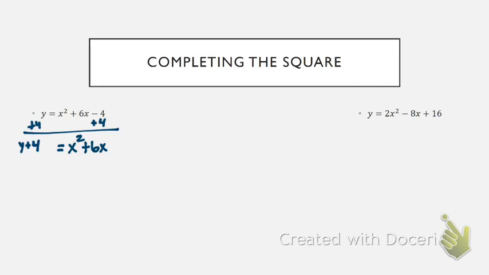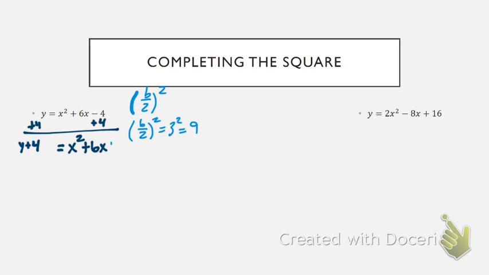Then it tells me to calculate b over 2 squared. My b value here is 6, so 6 over 2 squared is 3 squared, which is 9.